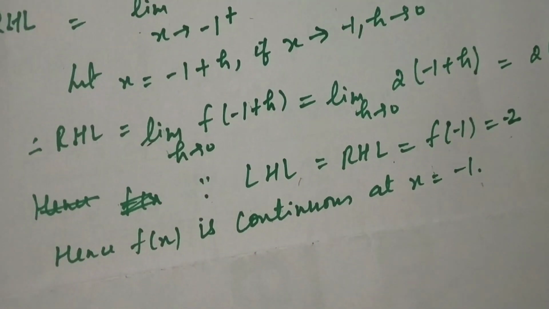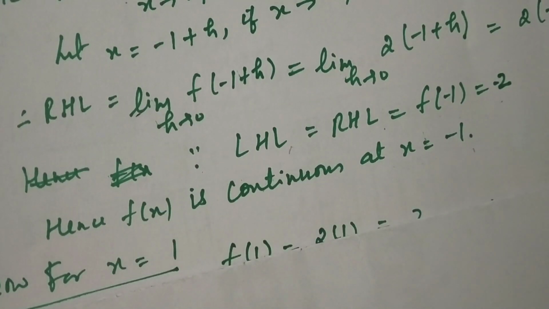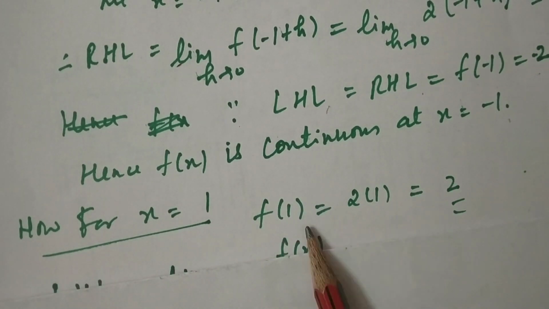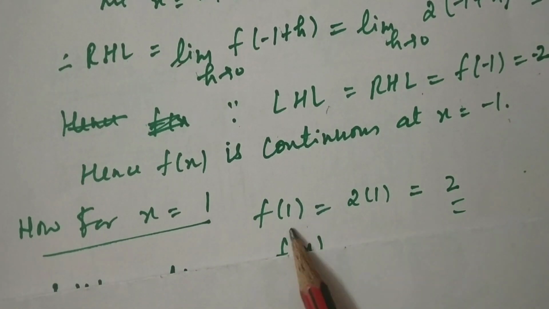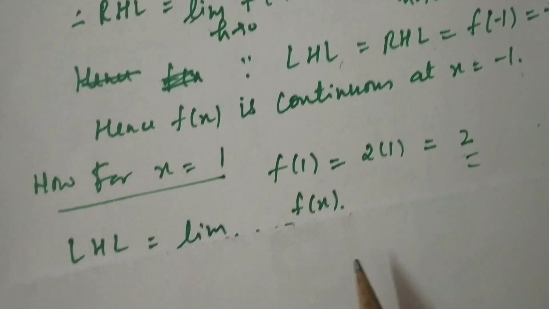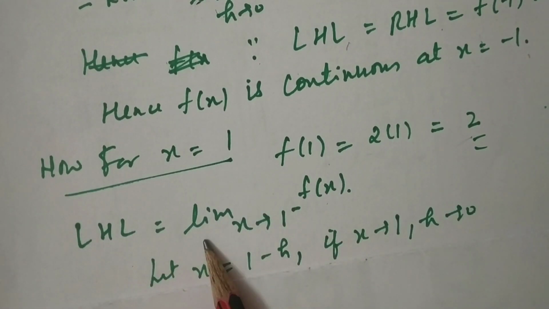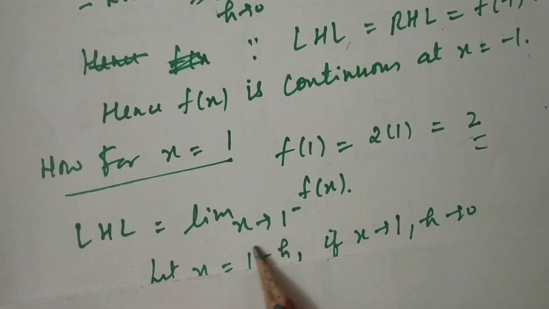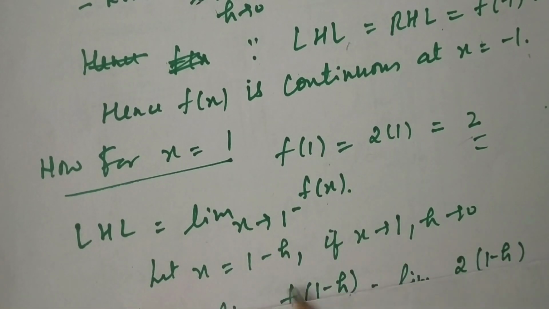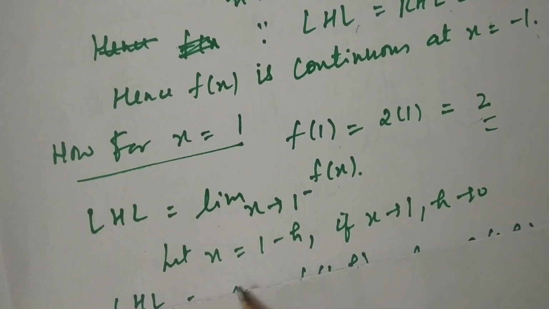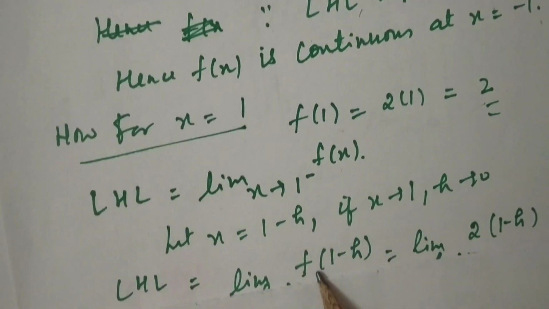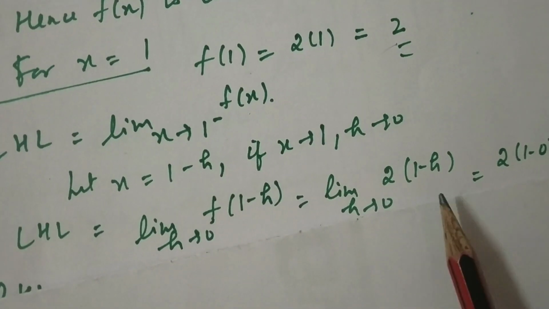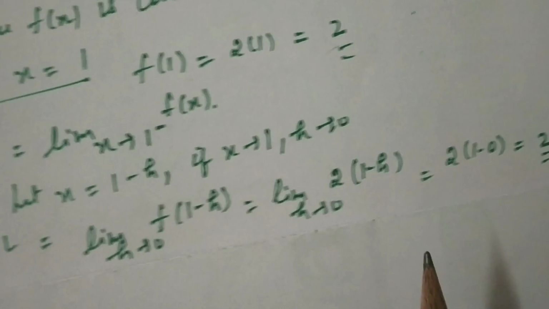Now I need to check the continuity at the other point also, and that was x equal to 1. First I find the value of the function at 1. It comes out to be 2. Then I take on to left hand limit, limit x tends to 1 minus f(x), keeping 1 minus h as x, and I find that left hand limit comes out to be 2.